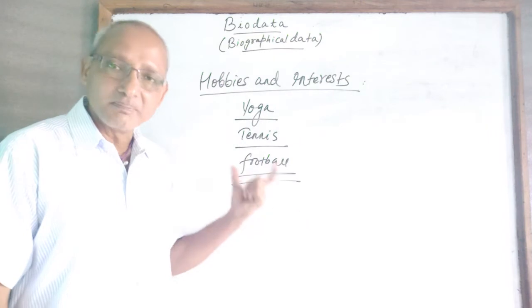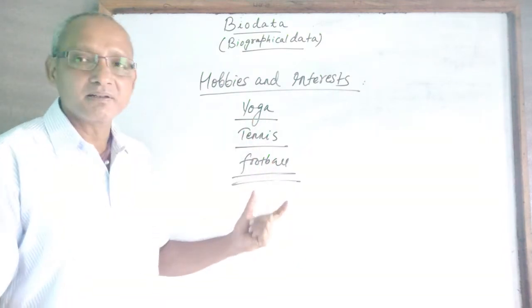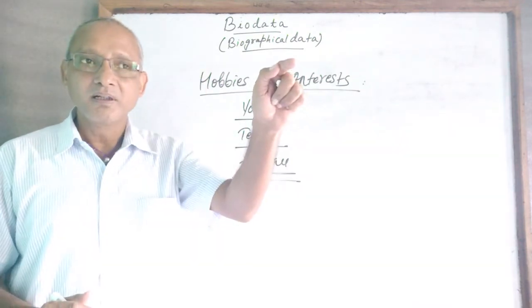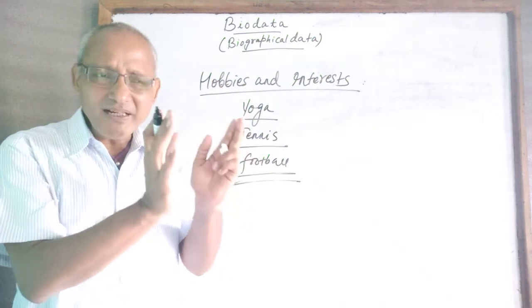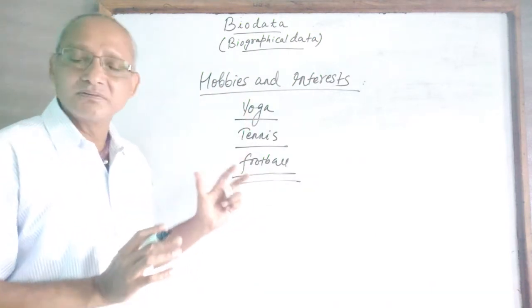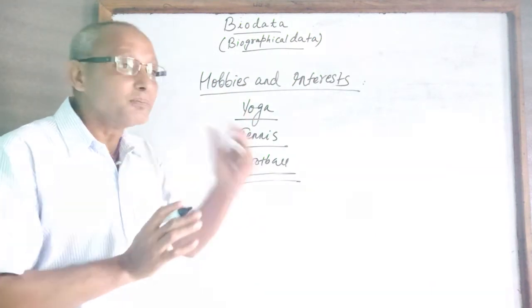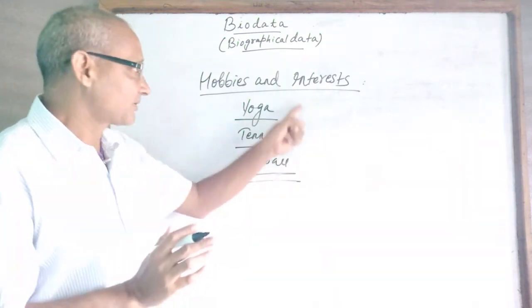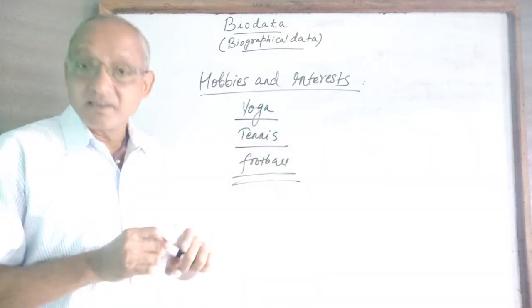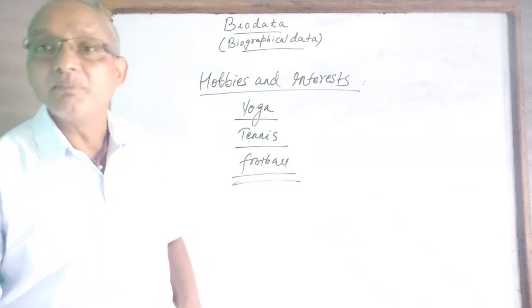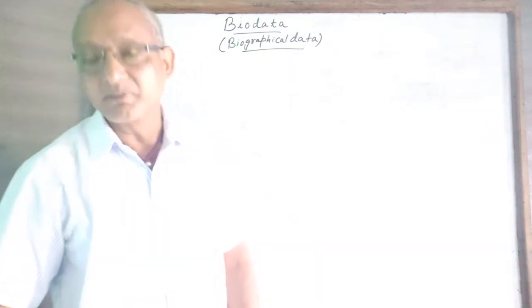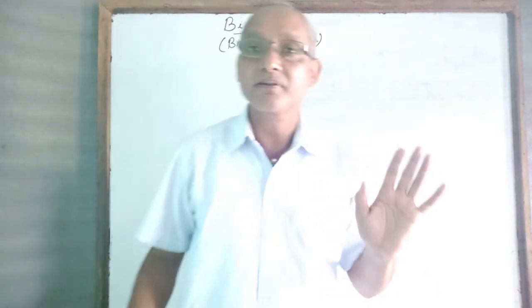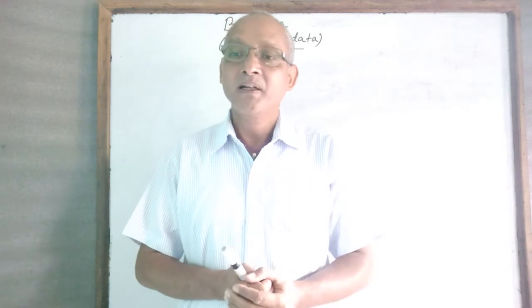It's not compulsory, but if you think that the job you are seeking is somewhat related to these kinds of things, you may add it. This is optional. So this is how we form a biodata. Out of the many ways, this is one of the ways which I have tried to give you.